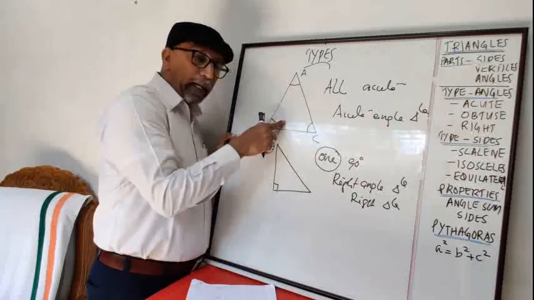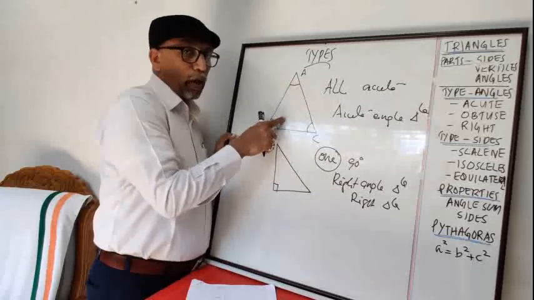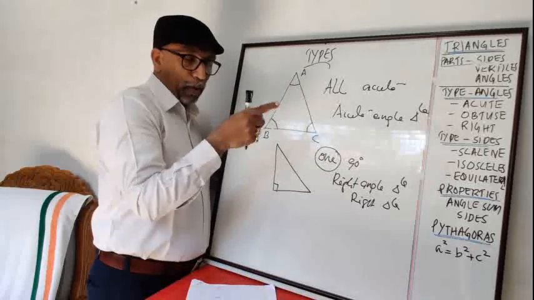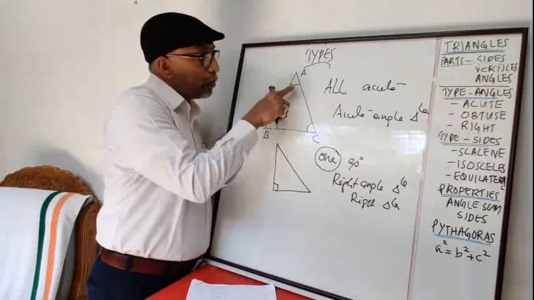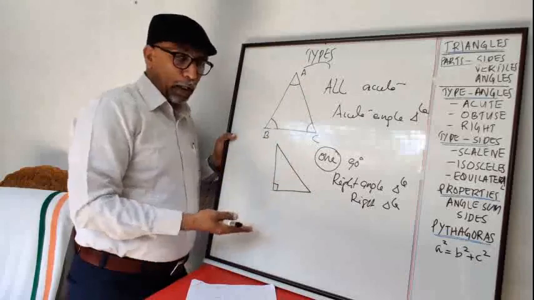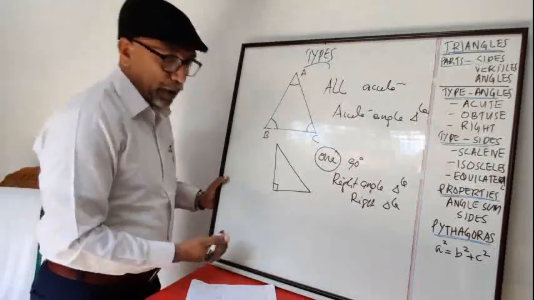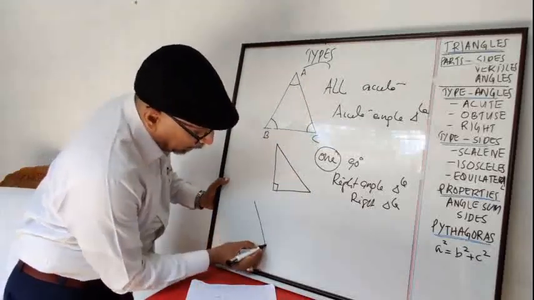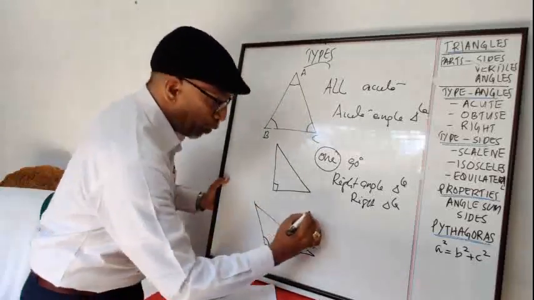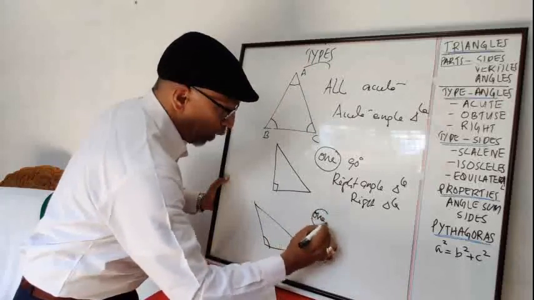So here, if one angle is 90, it is called a right triangle. If all the angles are acute, we call it an acute triangle. Acute means between 0 and 90. Here we don't worry about the other two angles; of course they should be acute, but that is not mentioned here. And if one angle is obtuse, here also when you say the definition, one is enough.